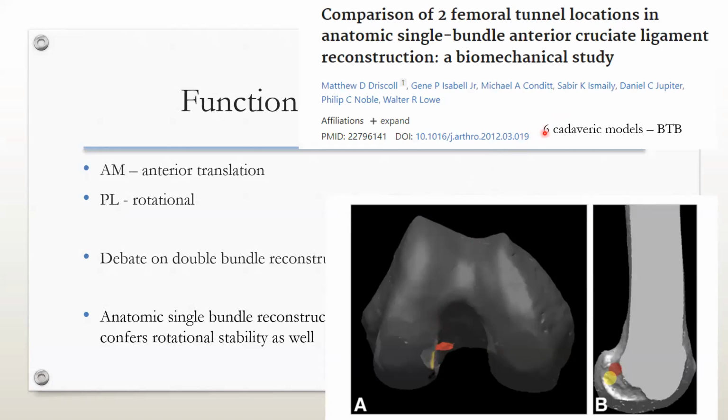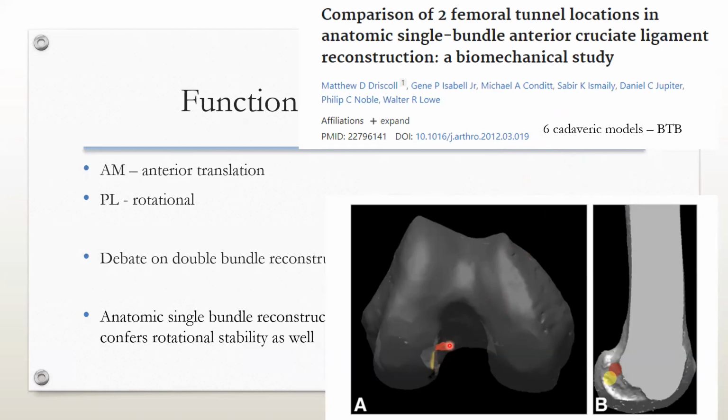This was done using 6 cadaveric models, and a BTB graft was used. All the grafts after reconstruction were subjected to anterior translation forces and rotational forces. So these are the 2 different femoral tunnel positions they used.